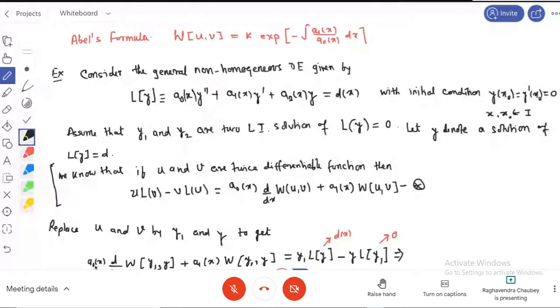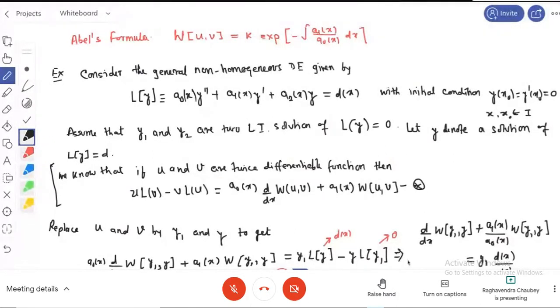If we divide both sides by a0(x), we get d/dx of the Wronskian of y1, y plus a1(x) over a0(x) times the Wronskian of y1, y, and this equals, on the right hand side, y1 d(x) over a0(x).